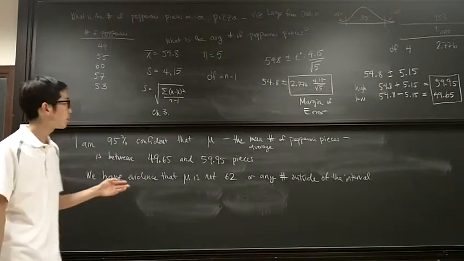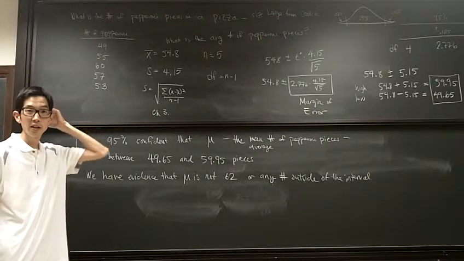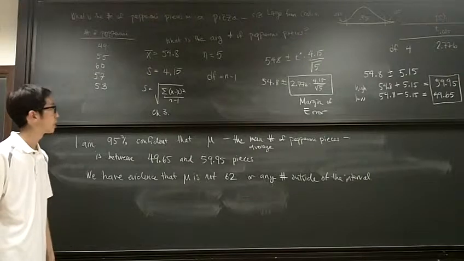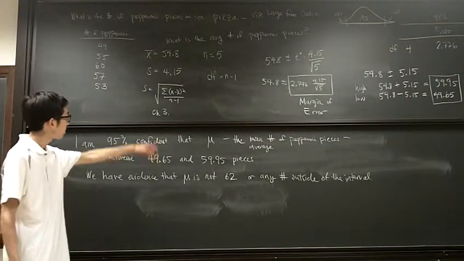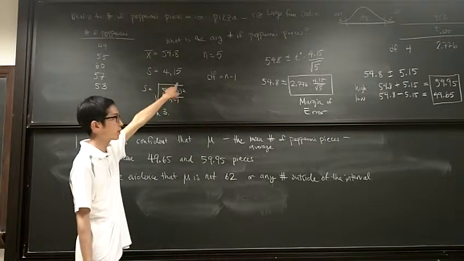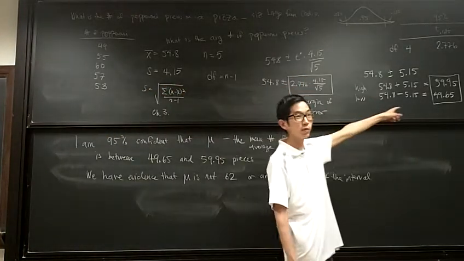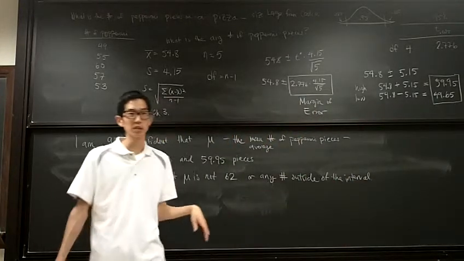Okay. The margin of error is my t times the standard error. If we have a standard deviation, why didn't we use that as the margin of error? My standard deviation is 4.15. My margin of error after I did the math turned out to be 5.15. So we're not going plus or minus one standard deviation.